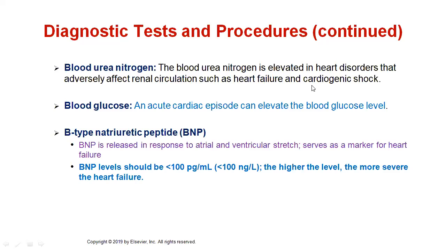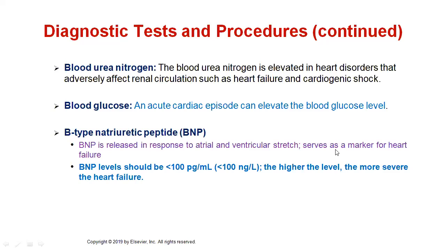Another most important marker is BNP. BNP stands for what? B type natriuretic peptide. So BNP is released in response to the atrial or ventricular stretch, ventricular tissue or atrial tissues.